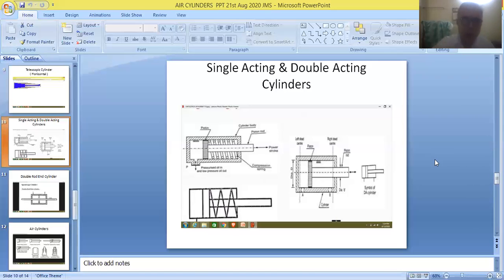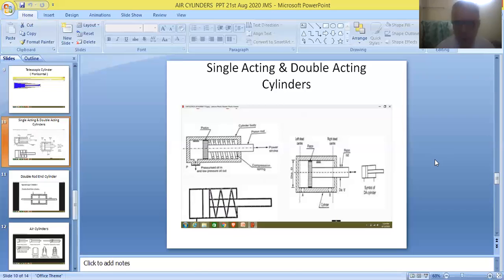In some cases, this piston rod is fitted to a connecting rod that comes in contact with the spindle of the machine, and this connecting rod converts the reciprocating motion of the piston into rotary motion of the spindle. So using a connecting rod mechanism, these cylinders can also be used for rotating the spindles of machines.